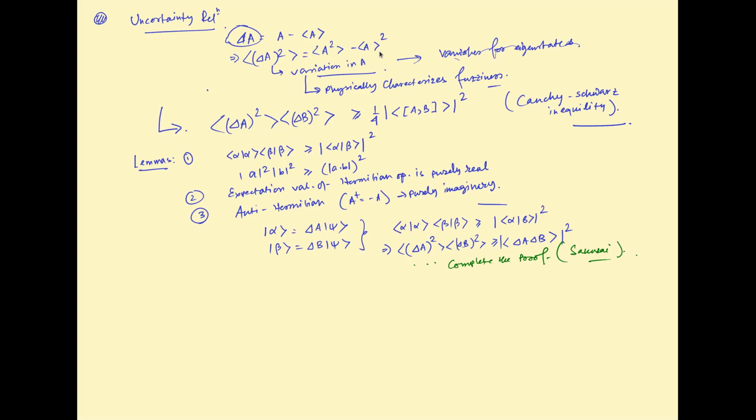What does this object characterize? The deviation of an operator from its expectation value characterizes something called fuzziness. What is this fuzziness? It is not easy to visualize from here, but you can think of it as some position operator. If it is a position operator, it tells you how much the operator deviates from its expectation value. It tells you the region where you can find it the most and the region where you have a lower probability of finding it, but you can still find it.